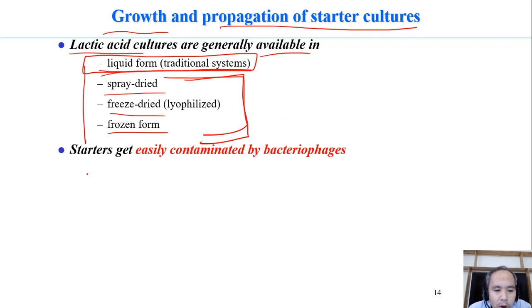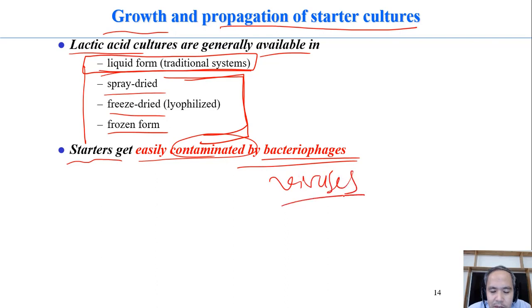There's one important fact we need to know: starters can get easily contaminated with bacteriophages. Bacteriophages are viruses that infect bacteria, which can weaken the bacteria or even kill the starter culture, making it very weak or already dead.